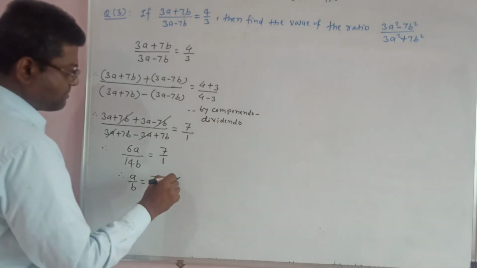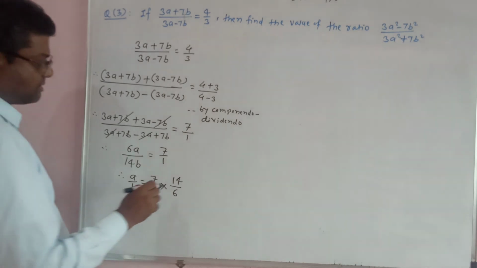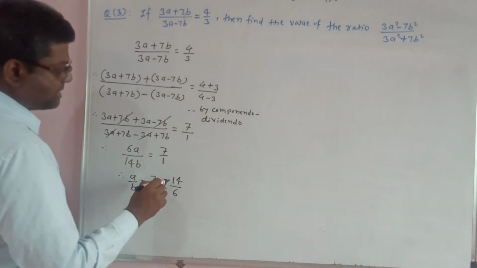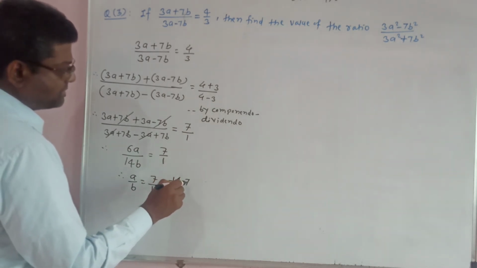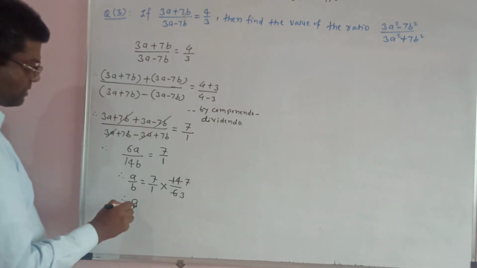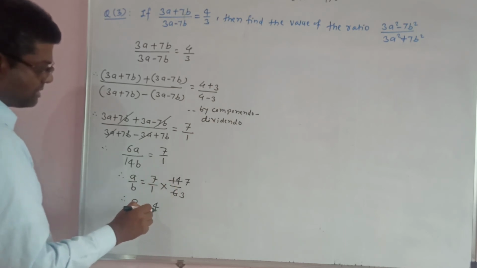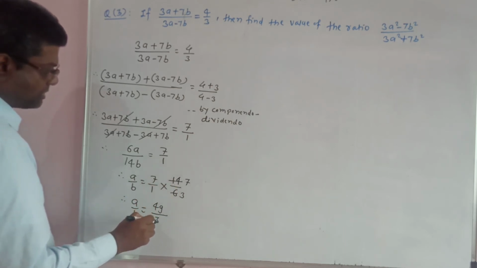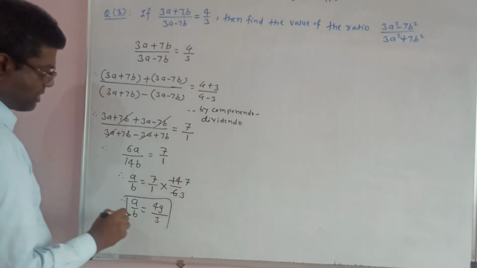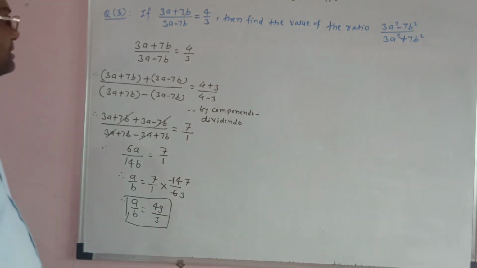So divide 14 and 6 by 2. 2 7s are 14 and 2 3s are 6. Therefore a upon b is equal to 7 into 7, that is 49 upon 3. Therefore value of a upon b is 49 upon 3.